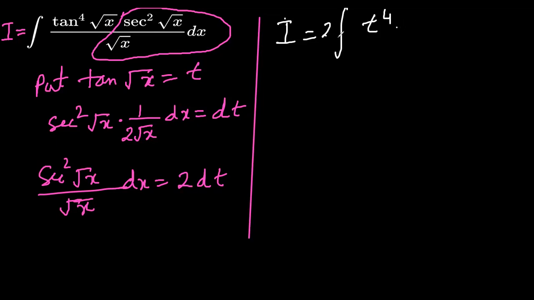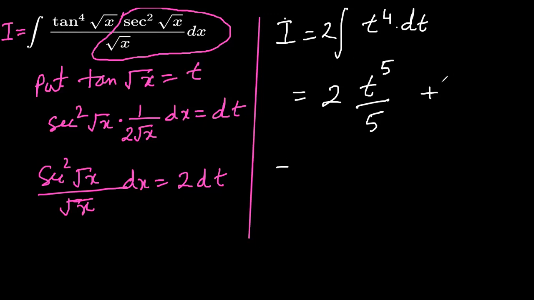The 2 can be written in front, because the constant can be written outside the integral. So our answer is now 2 times the integration of t to power 4, which is t to power 4 plus 1, which is t to power 5 divided by 5. The formula we use is the integral of x to power n dx. So our answer is finally plus c, of course.